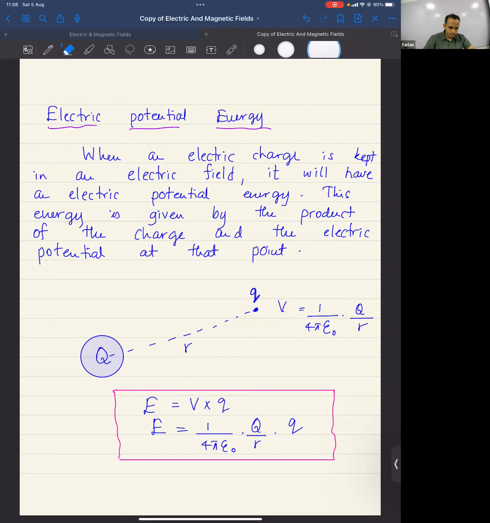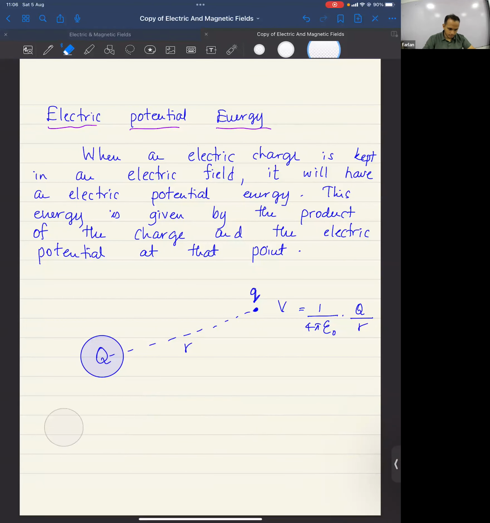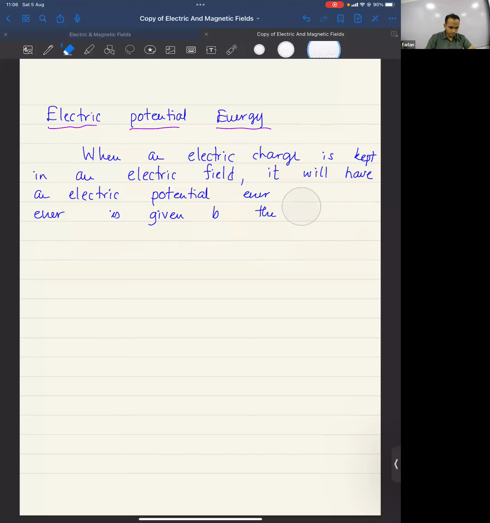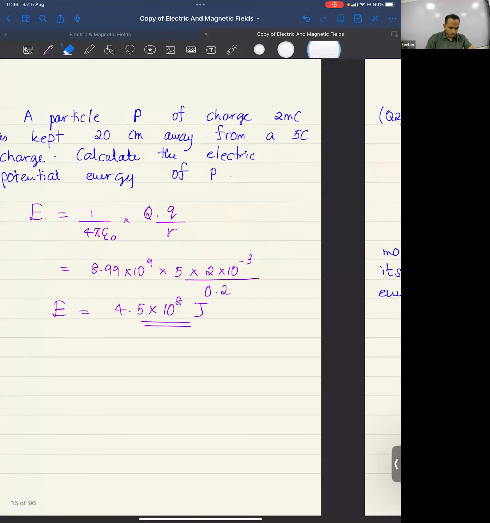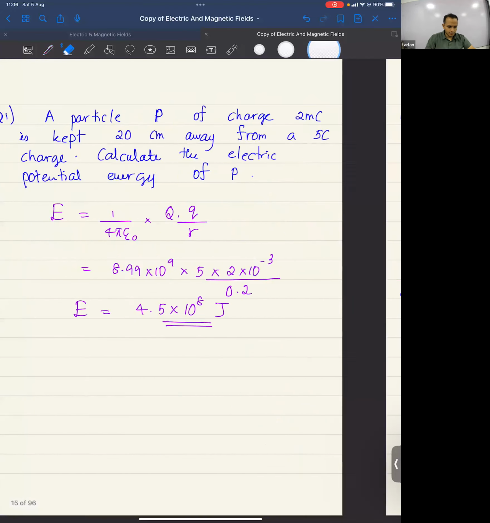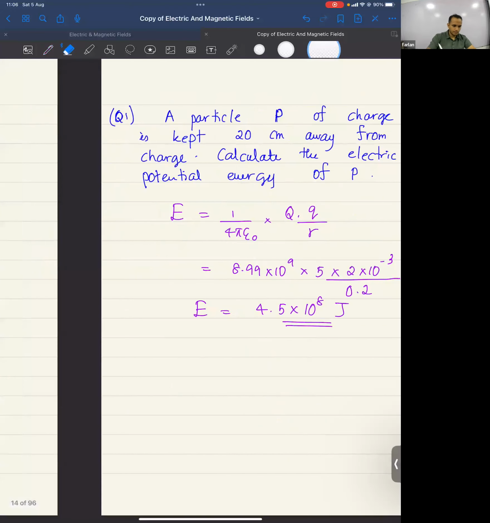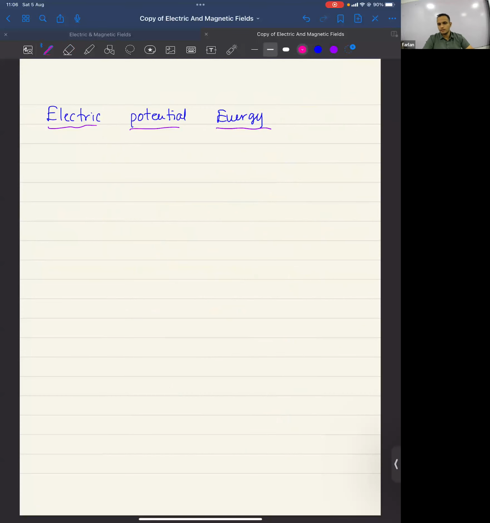Guys, write down the next subtopic: electric potential energy. This is something very easy to remember.